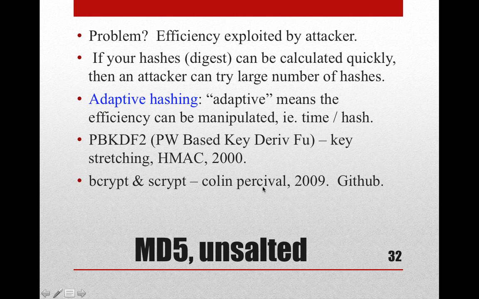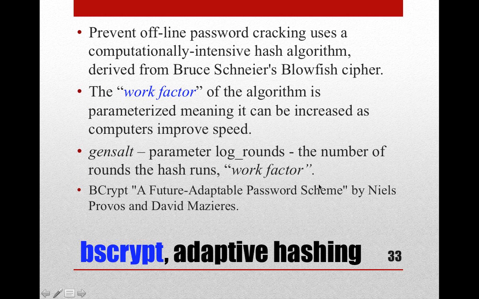This is actually the latest one they have by this gentleman here, and he's written a paper about that. It's also on GitHub. Let's see, this is Bscript. It's based on Blowfish. When you start Blowfish, it has to create a table, and it is really quite slow at the beginning.